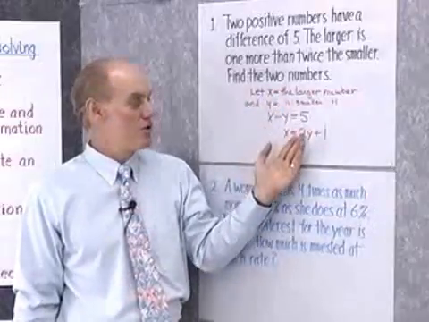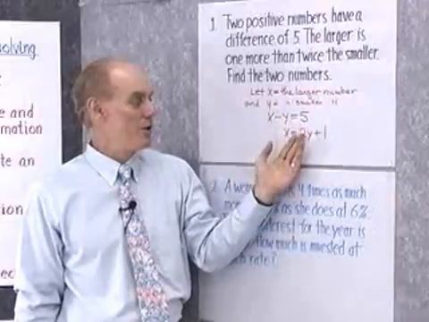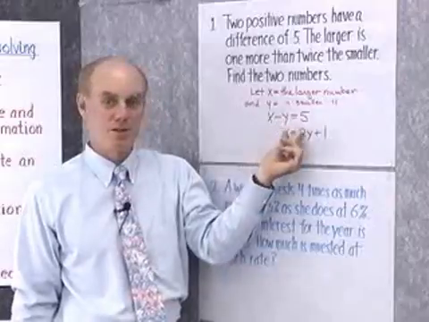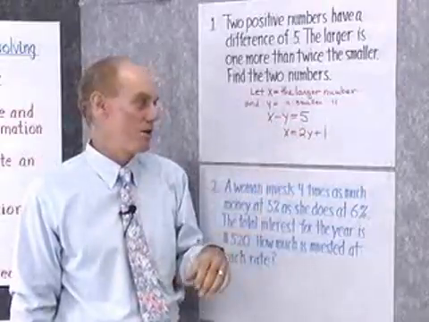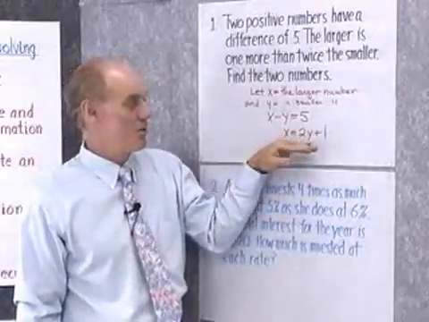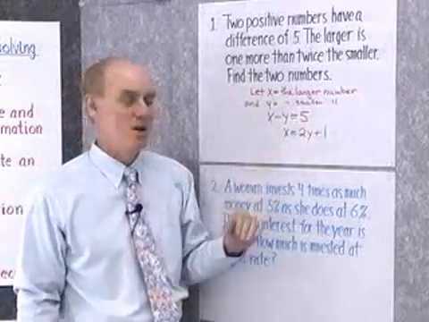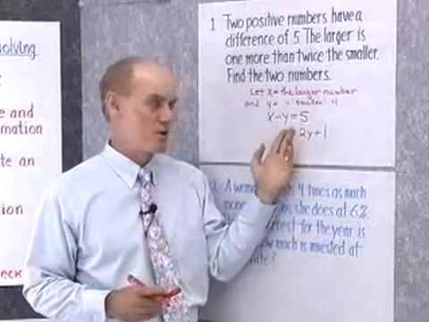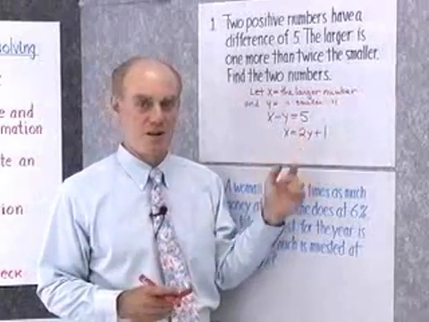Then you can organize your problem into smaller little segments. Take part of the problem and write an equation. Take another part of the problem and write another equation. Now you can see that this system of equations lends itself very well to solving by substitution. I won't solve it, but if you do, you would use substitution to solve this system. I just want to set these problems up for you.